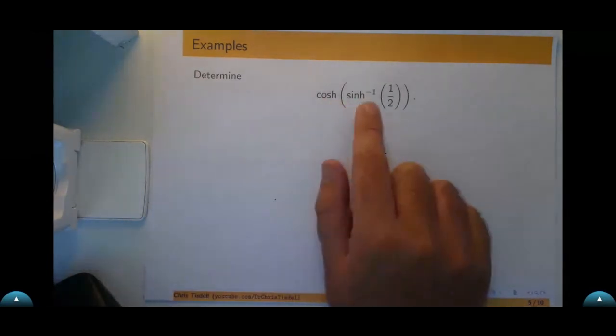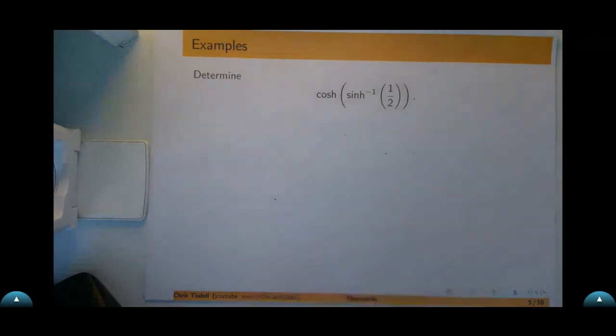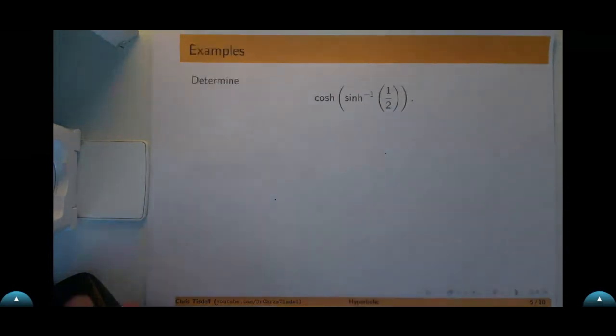Determine the hyperbolic cos of inverse hyperbolic sine of 1/2. Okay, and so this might remind you of when you did cosine of sine inverse of something, right? So no hyperbolic stuff. All right, so we can do similar strategies with this one.